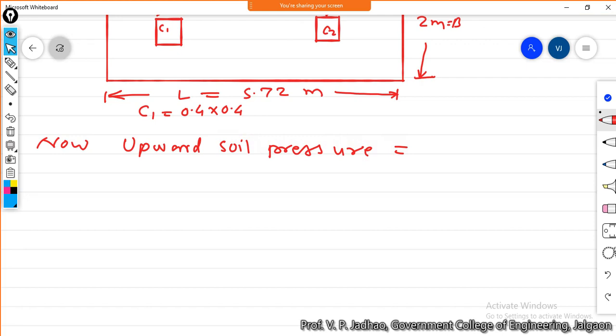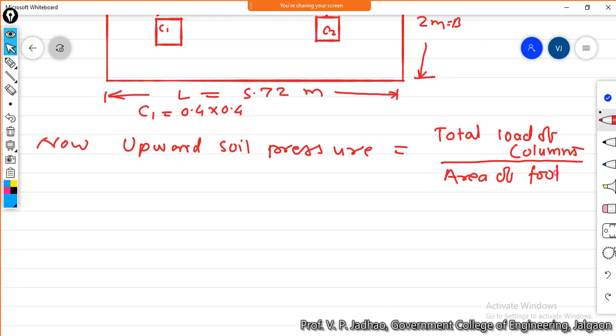This will be equal to total load of columns divided by area of footing. We have total load equal to 500 plus 800 kilonewton; 500 is on C1 and 800 is on C2. Area of our footing is width multiplied by length, that is 2 times 5.72 meter.